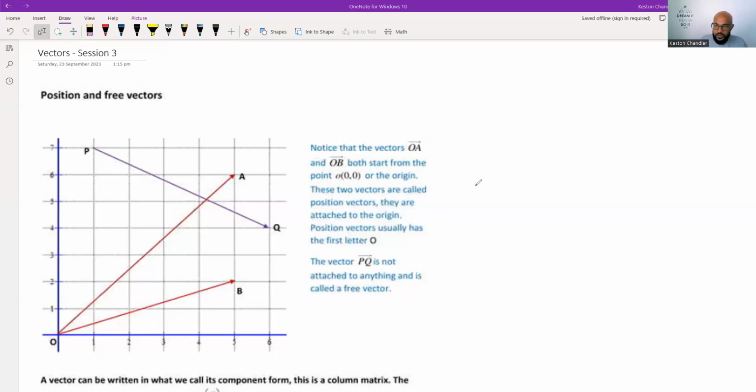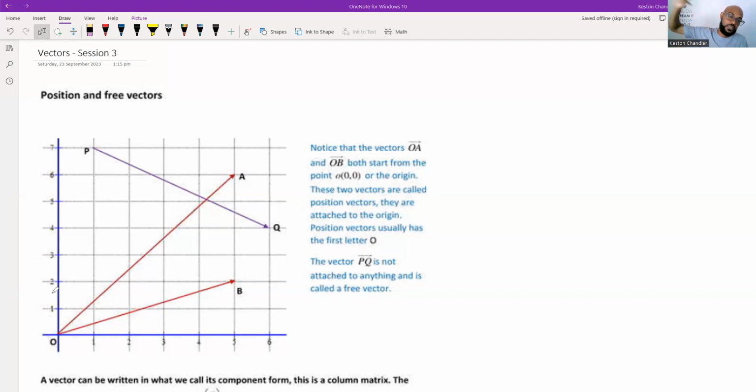Let me just get my writing tool, my disappearing pen, and we will use pink. So look at where they're starting from. The origin is that point on our graph where the two axes intersect, and that point is 0. So all position vectors start from that 0 point and then project outwards.